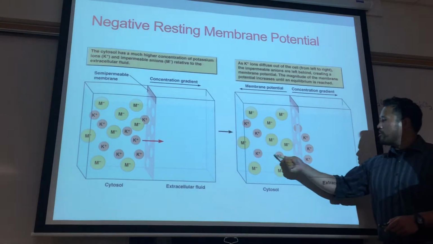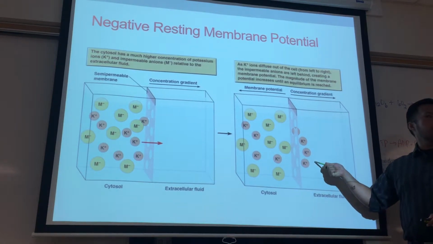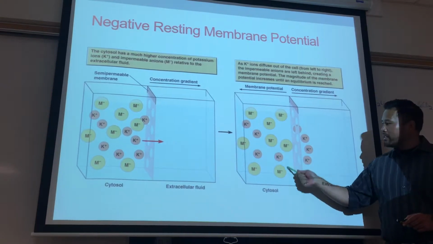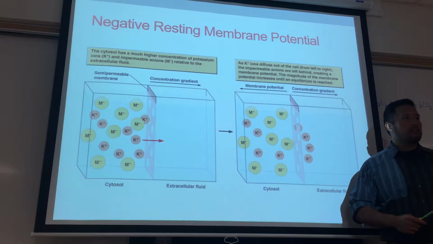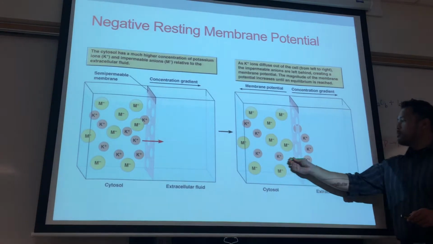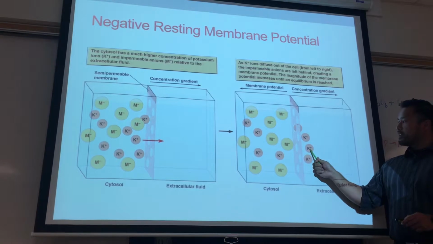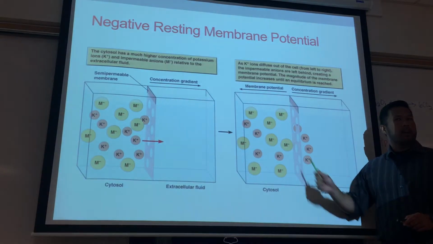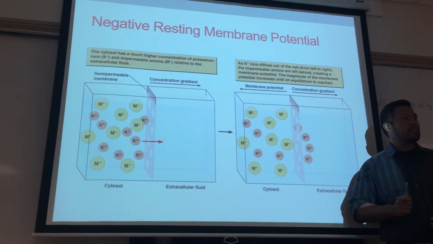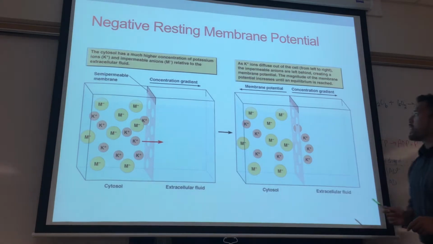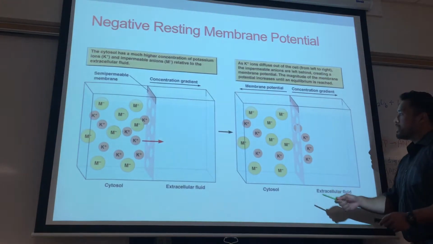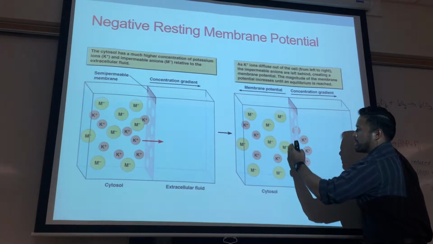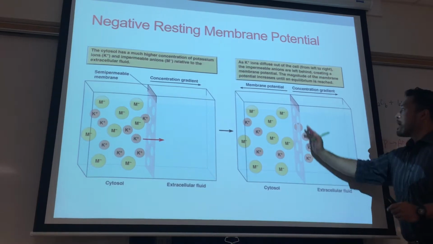We have the concentration gradient pushing potassium out, but we're stuck with something where it's slightly negative on the inside and you've got a positive ion. So while I have the concentration gradient moving out, I have potassium wanting to get slightly pulled back, because it's a positive ion and it's negative on the inside. Now those channels might not necessarily let potassium back in, but it creates this gradient. So you've got a bunch of potassium close by and negativity on the inside. Negative on the inside, positive on the outside.